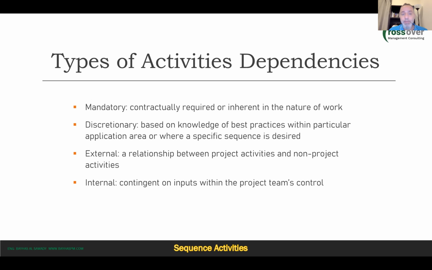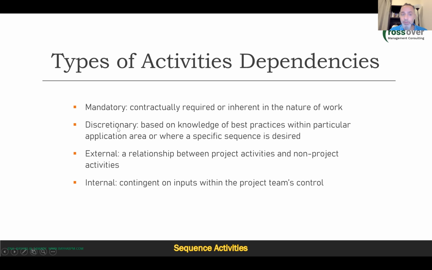You cannot do otherwise, right? It can be discretionary, or we call it preferred logic, or soft logic. So basically, you can wait until we print all the survey and then start distributing it. But this is a preferred logic or a soft logic, because actually it's not mandatory. You can start distributing while at the same time you continue to print the survey, right?